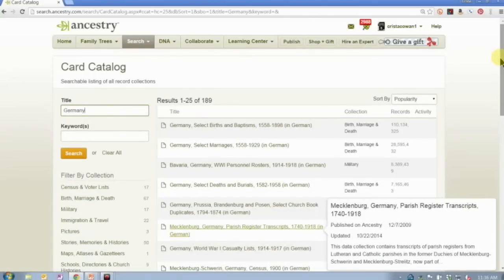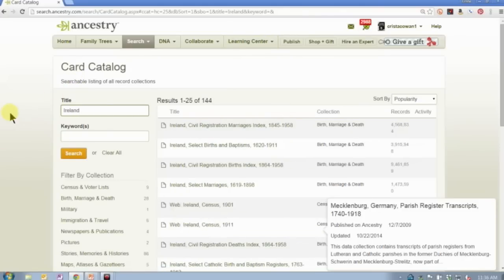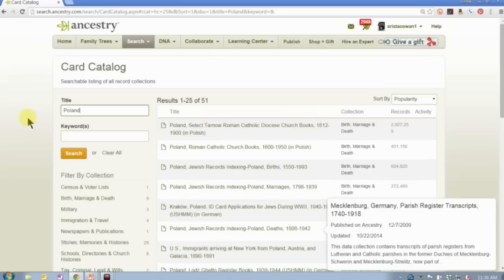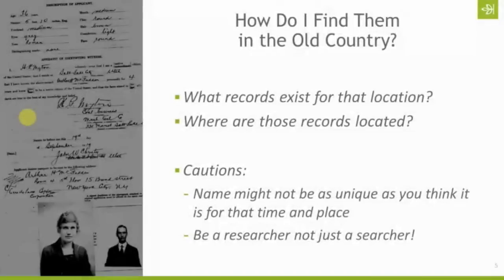See if there are records more specific to that particular location. So always look at this list. You can do this for any country or for any state. That's how you search the card catalog. The fastest is just to see what records are available for that particular location online.